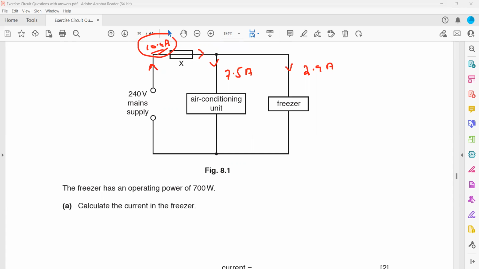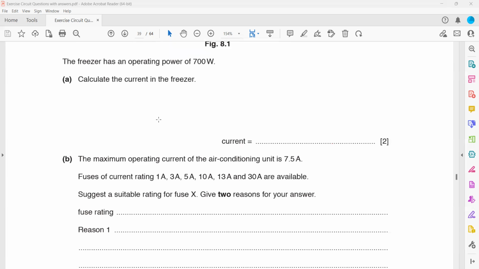If the current is less than that, it won't be efficient. So whenever we are selecting a fuse, we always select a bit more than that. For example, if we want 10.4, we select a fuse rating of more than 10.4. So what are the options which are more than 10.4? These other options are not valid.